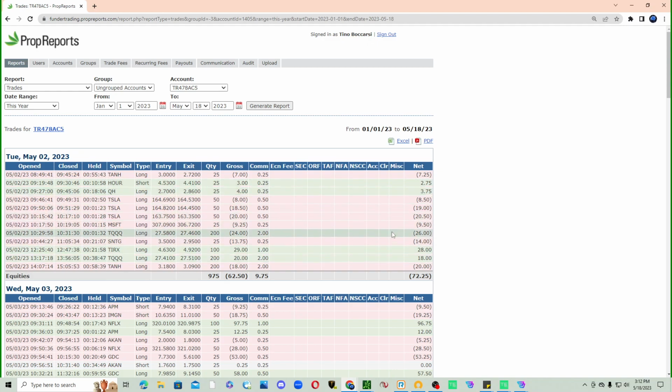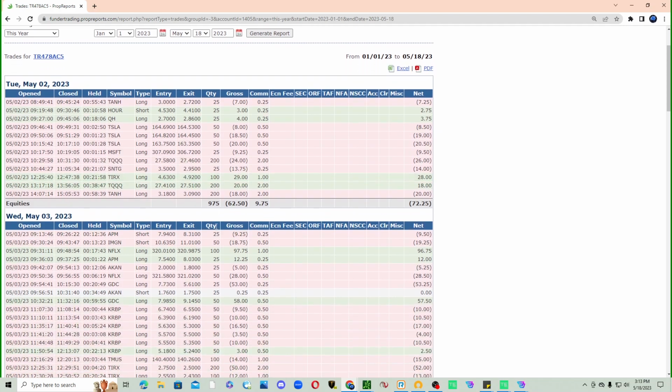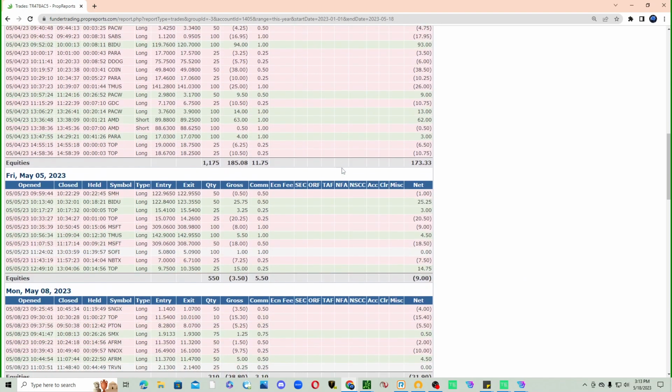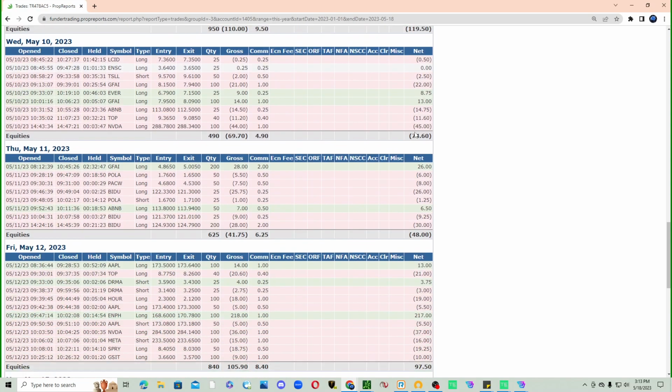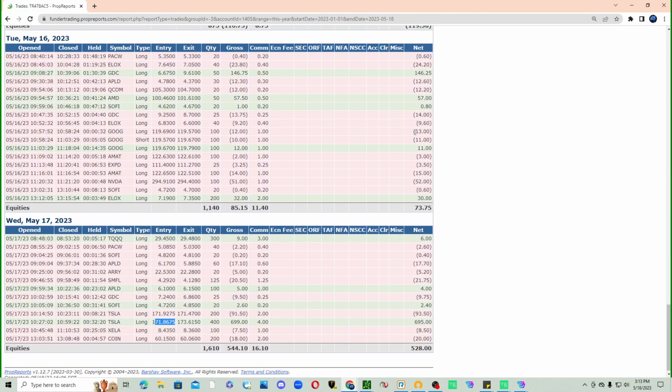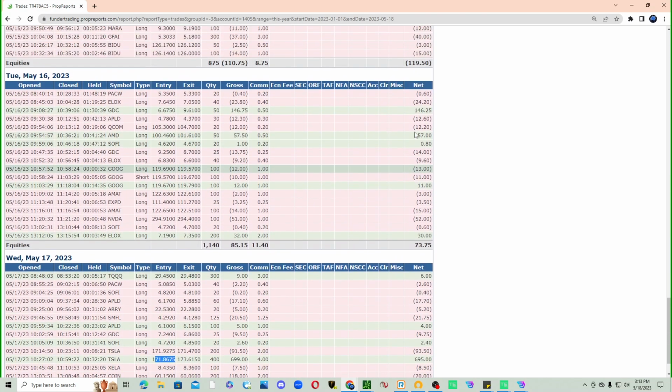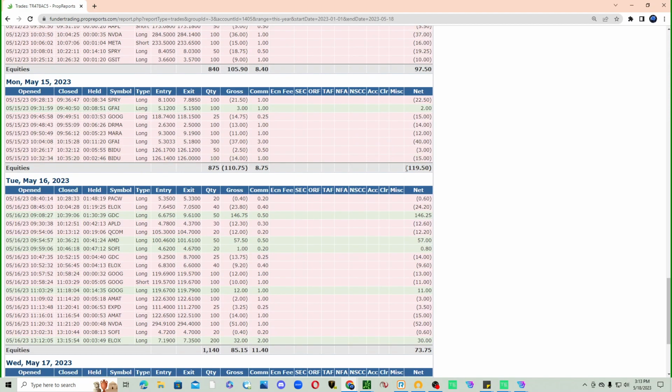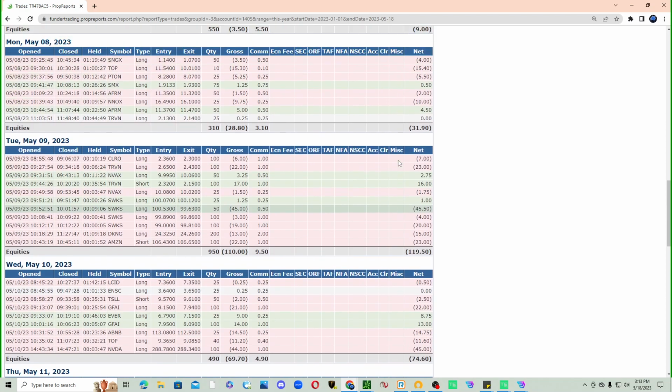I'm not noticing that. What I would suggest, however, is you might want to modify your trade sizes because you're actually staying pretty tight. You're not losing significant amounts of money. When you have a down day, it's not like you're losing hundreds of dollars. Like your bad day is 119. So you can afford to increase your size.